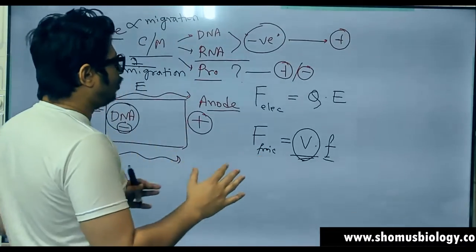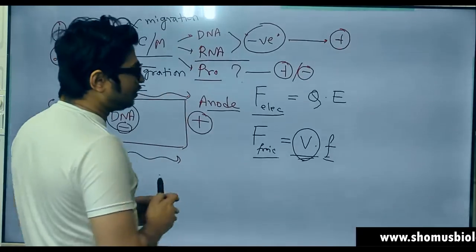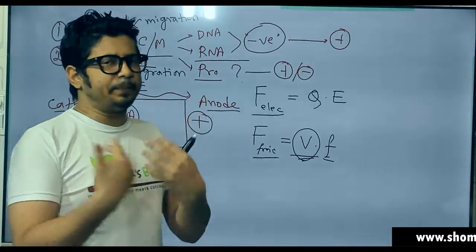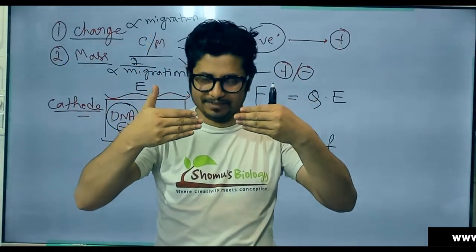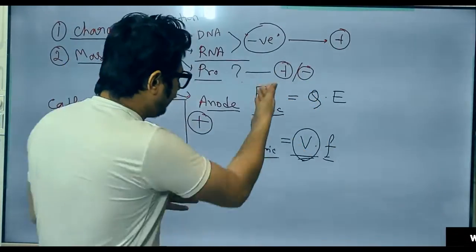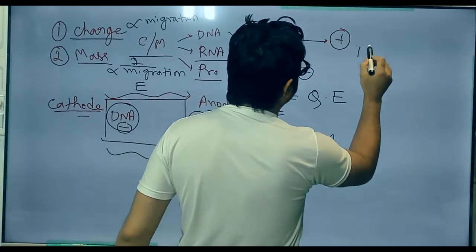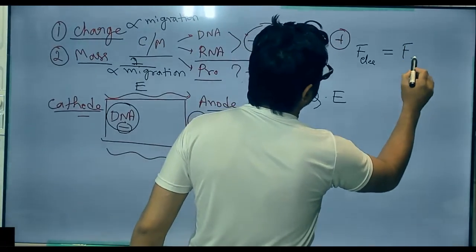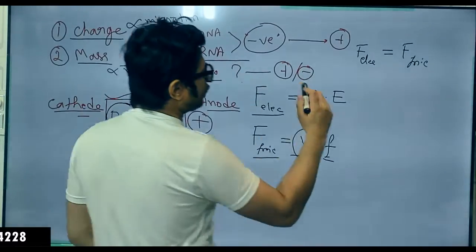So the electric force and the frictional force are both repelling each other because they are working in the opposite direction, right? So if we simply make them equal, what will we find out? We can write F electric equals F frictional. Electric force equals frictional force.